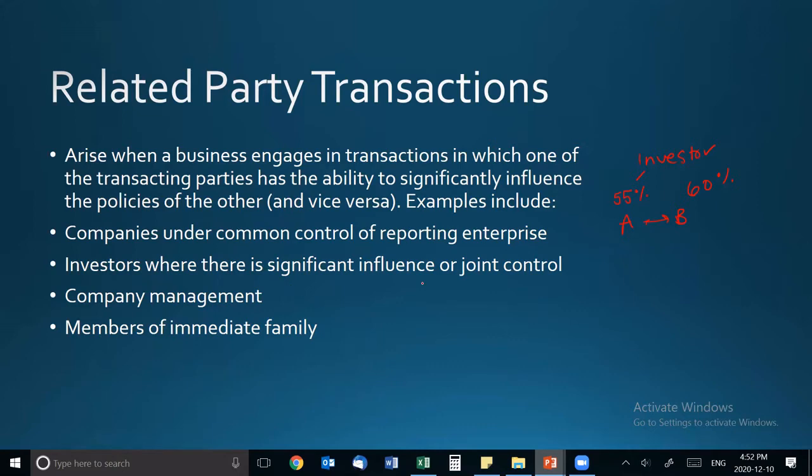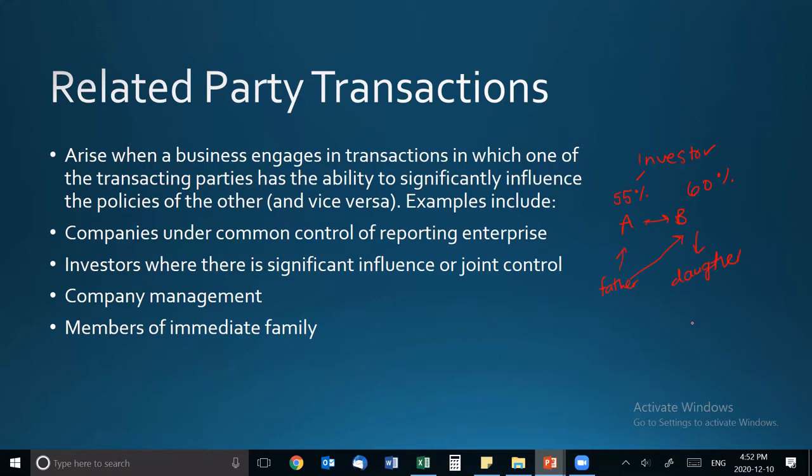Another one is company management. So if somebody in management of company A is also the same manager of company B. Or another example is members of the immediate family. So maybe a father owns company A and a daughter owns company B. Okay, so then these 2 companies would be related.